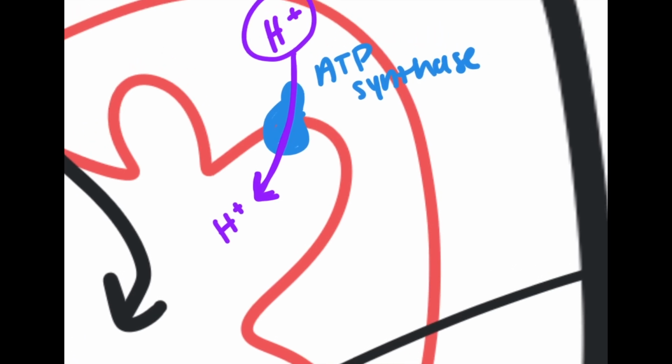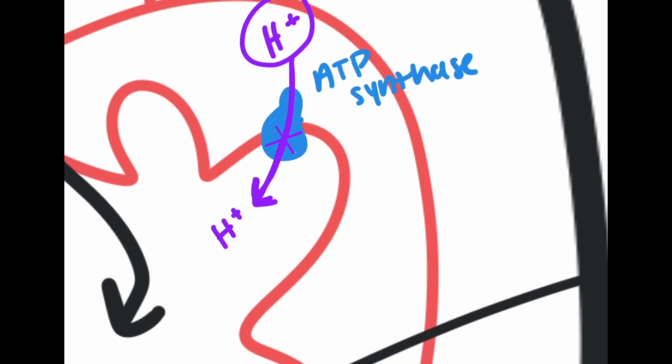The cool thing about ATP synthase is that it has literally like a turbine inside of it. And as these hydrogen ions are flowing, it spins the turbine. It's harnessing kinetic energy in the same way that we do hydroelectric power. So for hydroelectric, crudely speaking, we put a turbine basically like in moving water, like a river. And as the water is moving that turbine, it's generating a kinetic energy that we can then harness and turn into electrical energy.